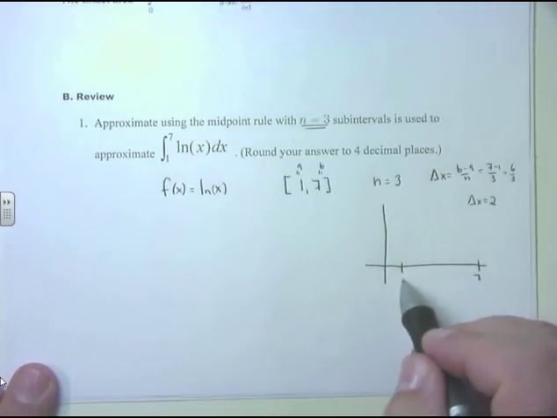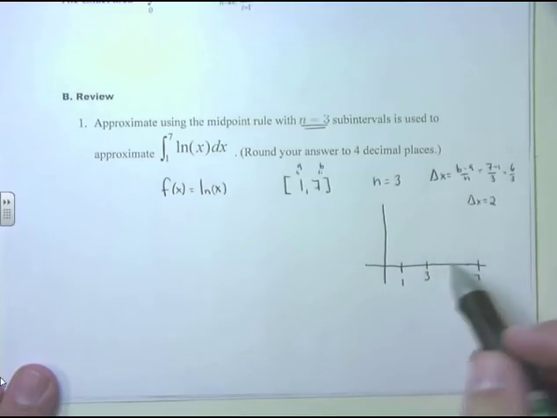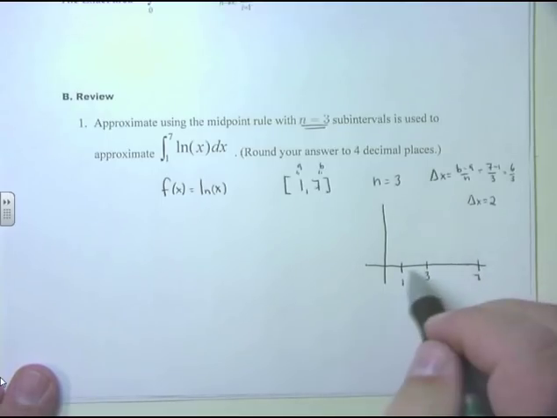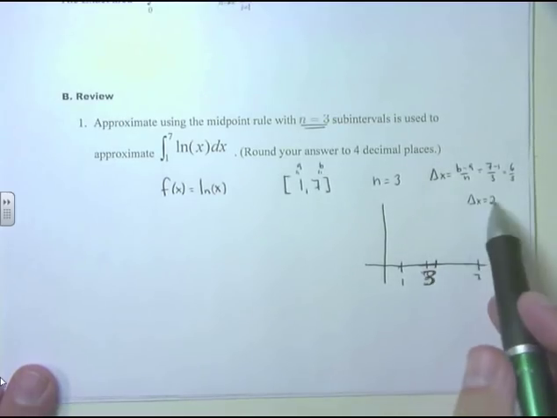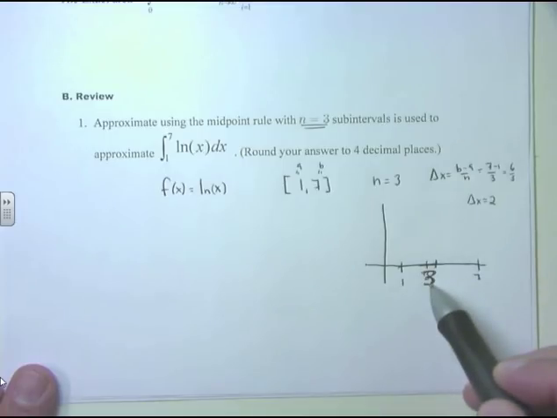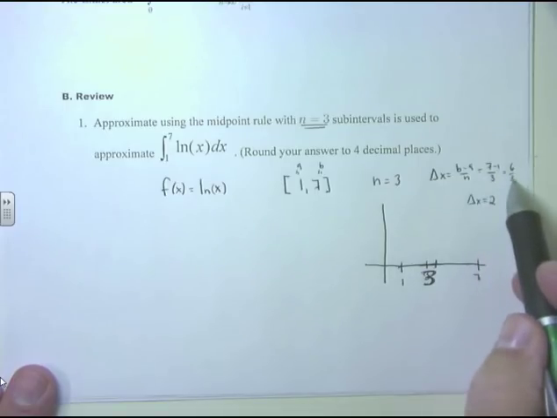So we're starting at 1, and the width of my partition is going to be 2. So 1 plus 2 makes it 3. Okay, 3. And 3 plus 2 equals 5.